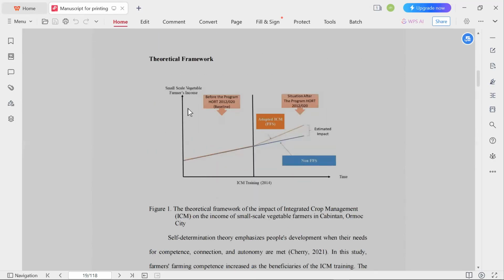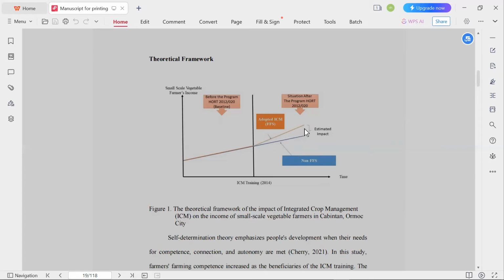And then for the theoretical framework, I use this one. The theory behind my study is that if there is a training, there would be an increase among those who adopted the training, and those who did not, the non farming field school, they are not beneficiaries, so they are expected to have a stagnant income. But for those who are part of the farming field school, we can see here that there is a significant increase.